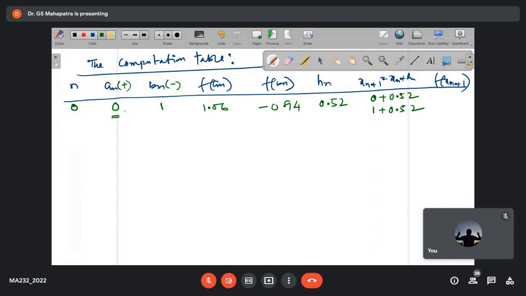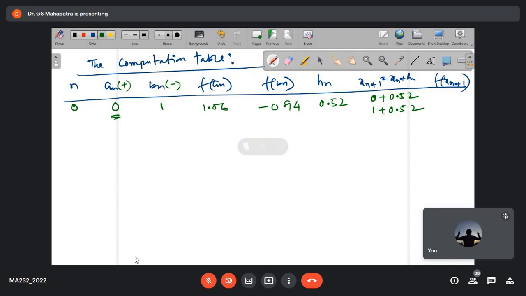If you consider the root lies between these, then we are improving this 0. Since H is positive, 0.52, if you add it to 1, the new solution is 1.52, which is outside of the interval 0, 1.